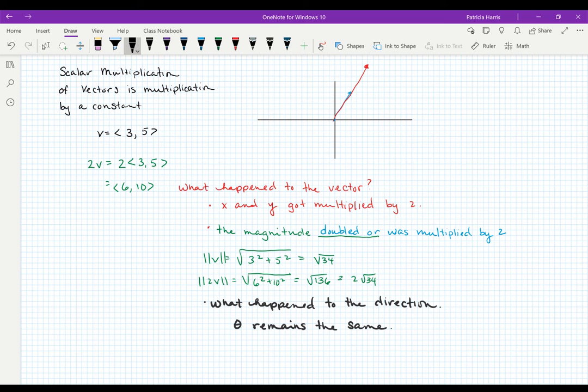Now, ask yourself what you think might happen if I multiplied by a 4. What would happen to my vector?